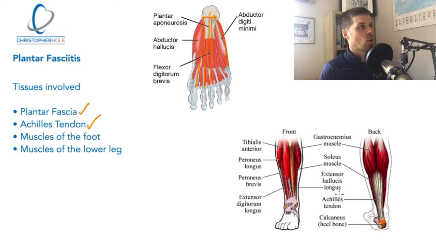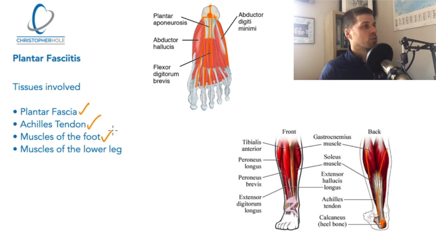If you look at anything written by Thomas Myers, where he talks about the anatomy trains or the fascial lines, he will describe that there is a fascial connection between the plantar fascia here, which then goes up and around the heel bone into the Achilles tendon. So that is why tightness up here, tightness down through the Achilles tendon can then have an effect on the plantar fascia, which is down here.